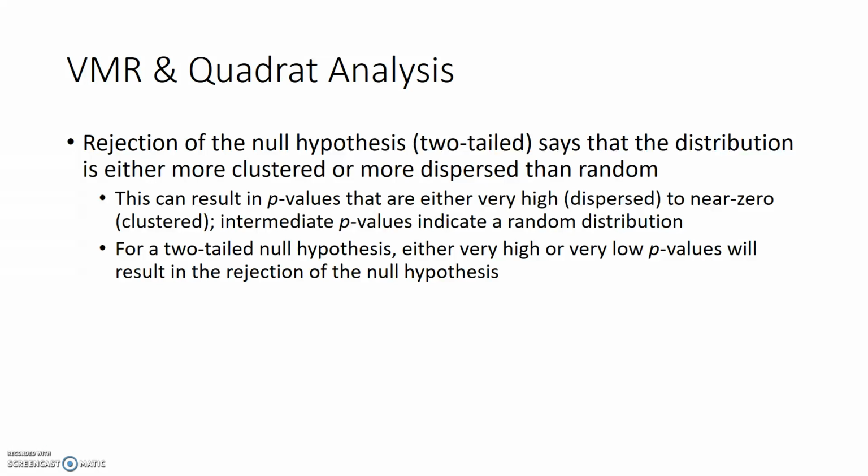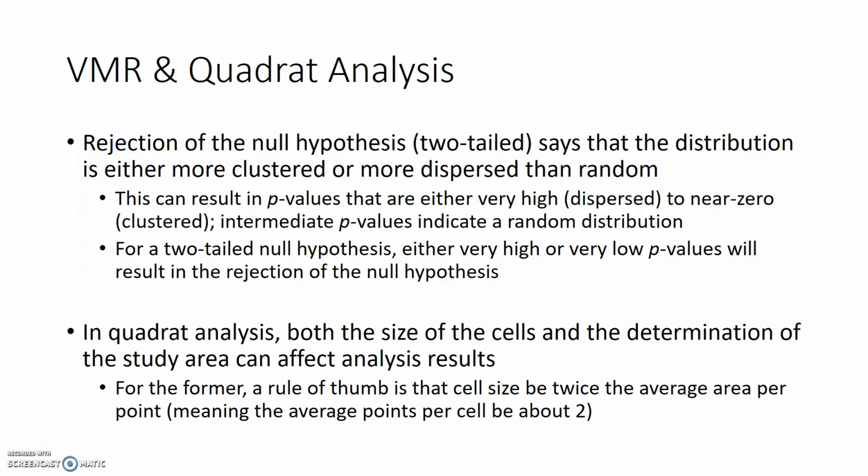If we're looking at that chi-square table, those can either be very high, so a very high p-value is going to suggest high dispersion, or if it's going to be clustered, it's going to be near 0. And then things in the middle are going to indicate a random distribution. So for that two-tailed hypothesis, either very high or very low p-values are going to result in a rejection of the null hypothesis.